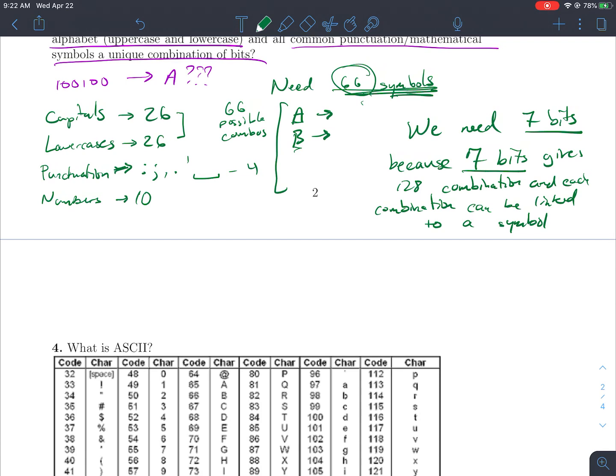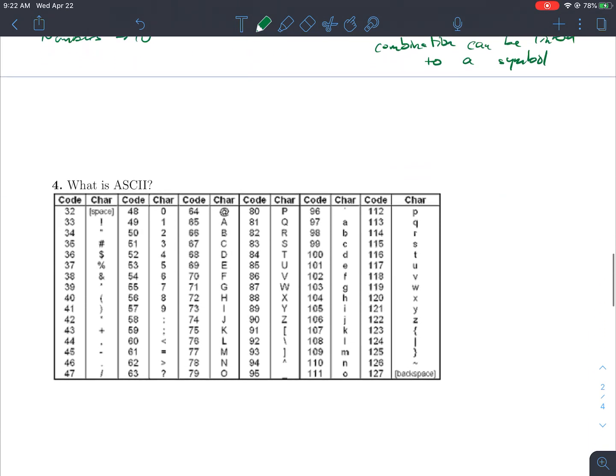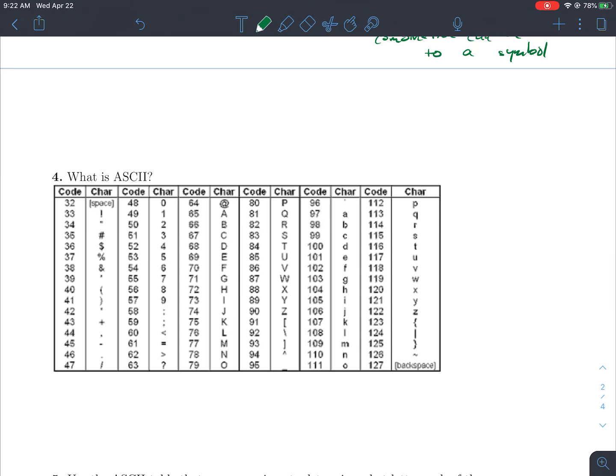And this is actually what people did, and they called this system ASCII. So ASCII is the American Standard Code for Information Interchange. You can definitely Wikipedia this; it's super famous.